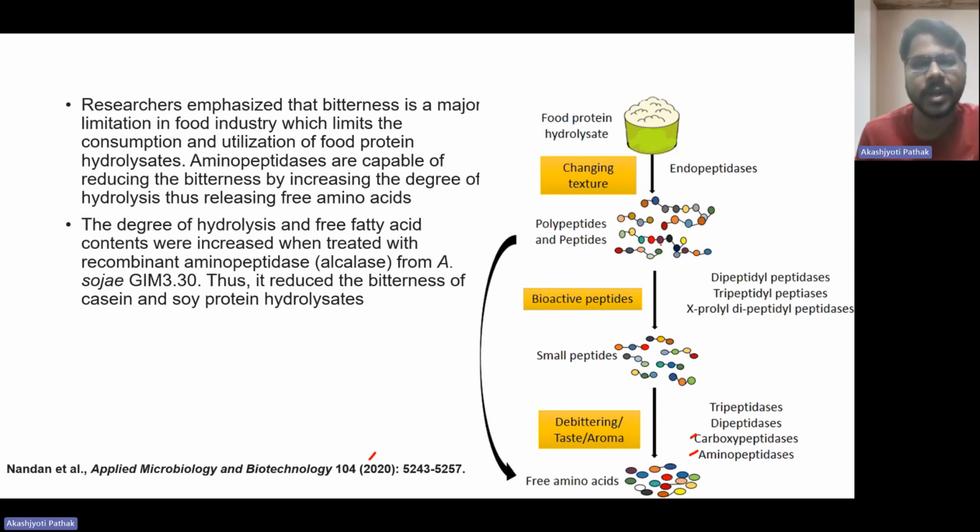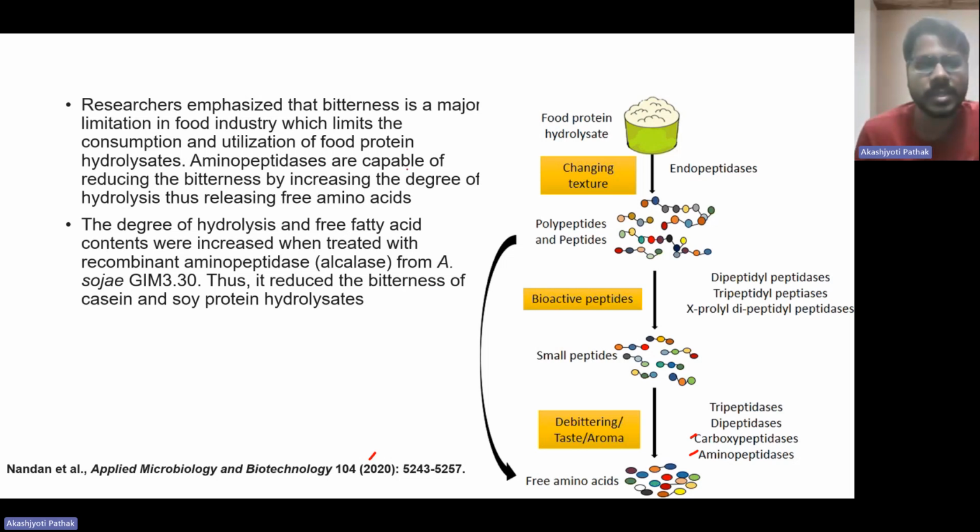You must have learned about this in biochemistry as well. The research emphasized that bitterness is a major limitation in the food industry, which limits the consumption and utilization of food protein hydrolysates. Now, aminopeptidases are capable of reducing the bitterness.